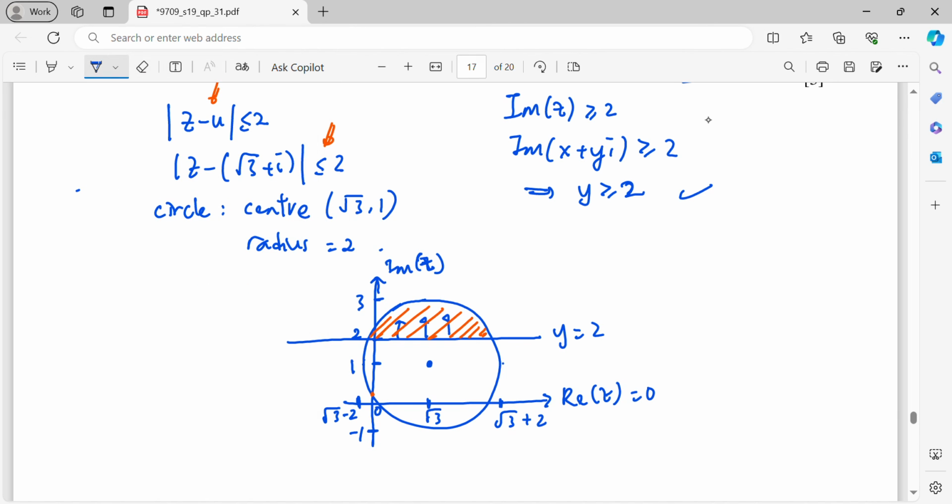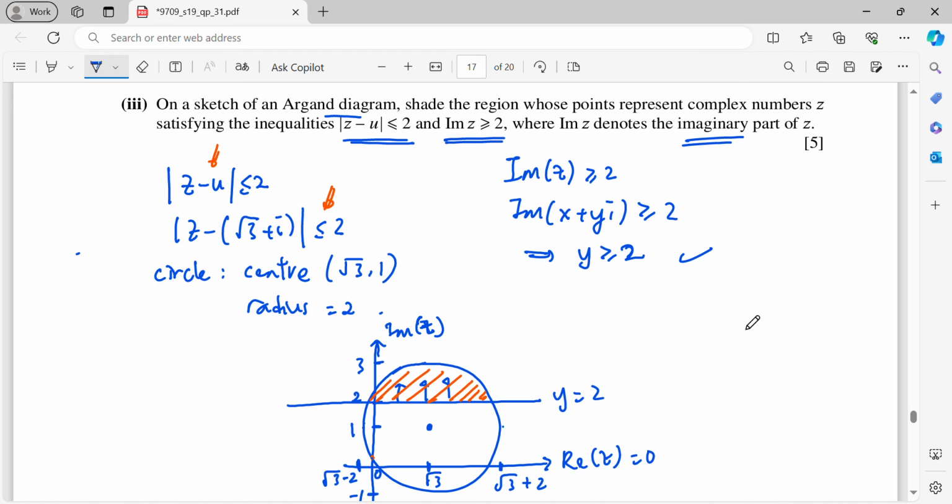Because here I only simply sketch, I'm not sure whether this point is on the positive or negative value, so I will not do the checking here. You guys please draw the Argand diagram using a ruler. You measure. Alright, so basically the rough idea is like this. Okay, so done for this question.